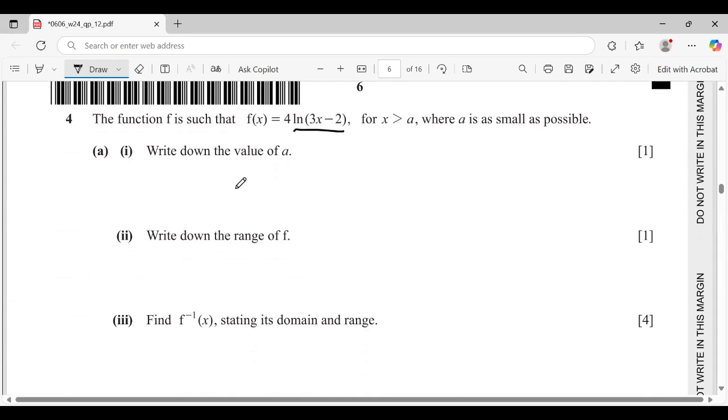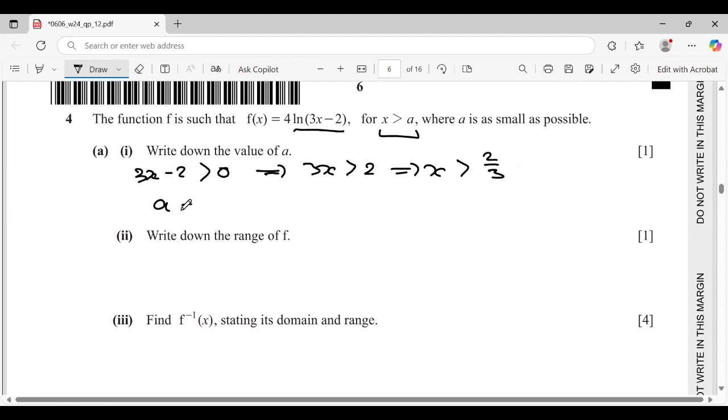So 3x is greater than 2 and x is greater than 2/3. Based on this information, we can state that a equals 2/3.